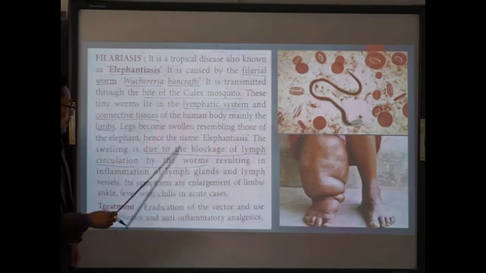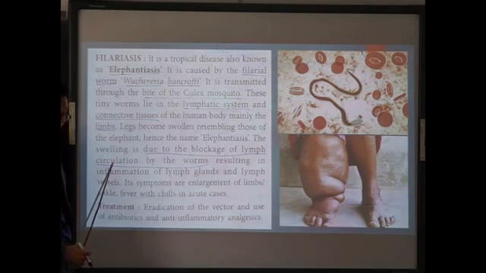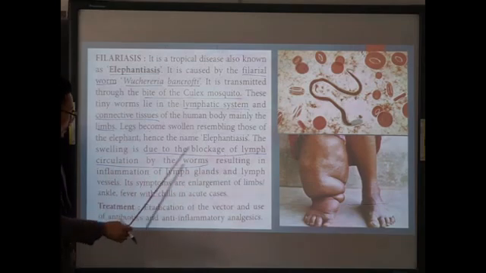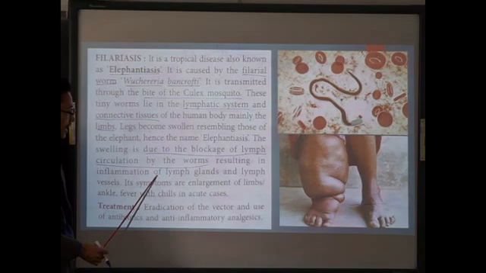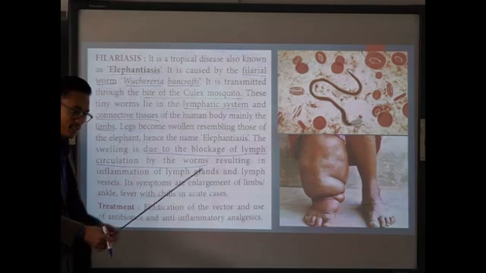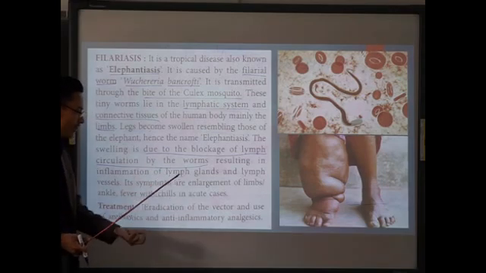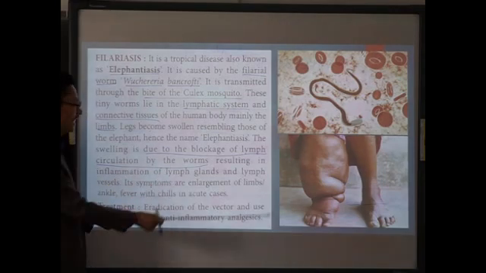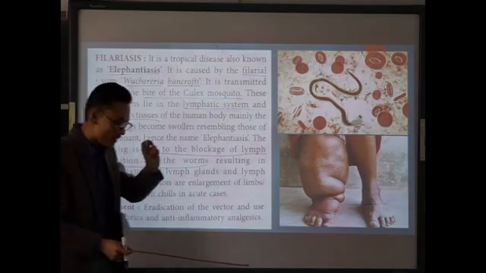Okay, we'll go ahead. Due to the blockage of lymph circulation by the worms, there is inflammation of the lymph glands and lymph vessels. Its symptoms are enlargement of the limbs and ankle, and fever with chills in acute cases. So the general symptom is mainly the inflammation or swelling of the legs. Now why that swelling?